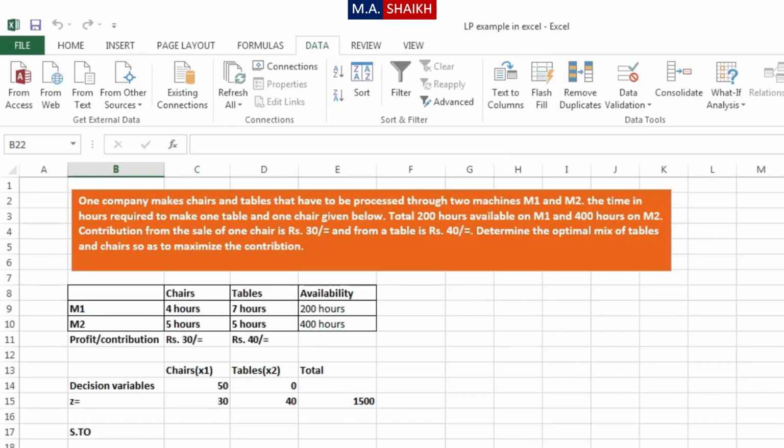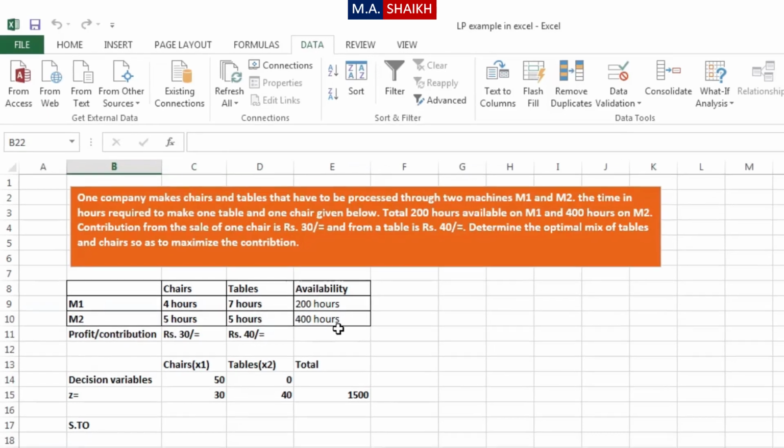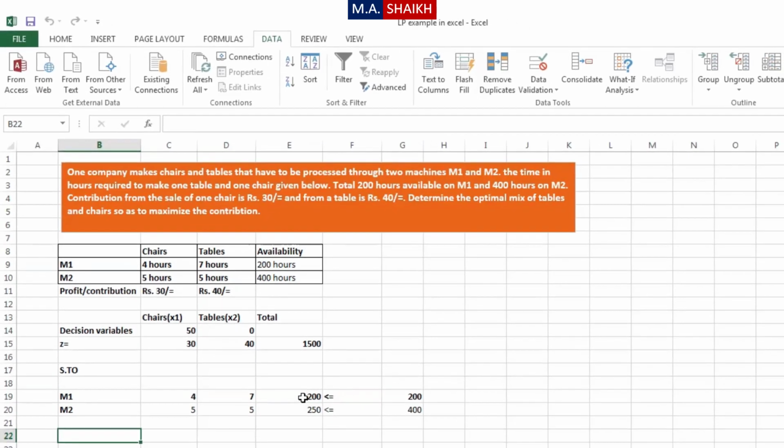The availability is 200 hours and 400 hours. Here on M1 a total of 200 hours are consumed, and on M2 250 hours are consumed out of 400.